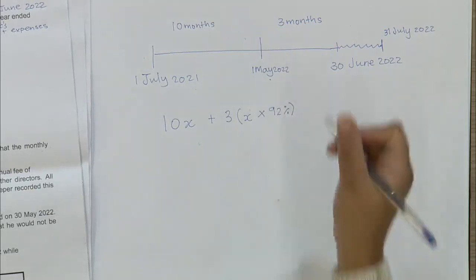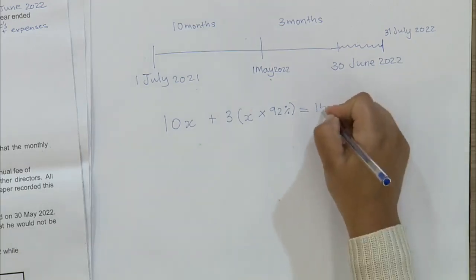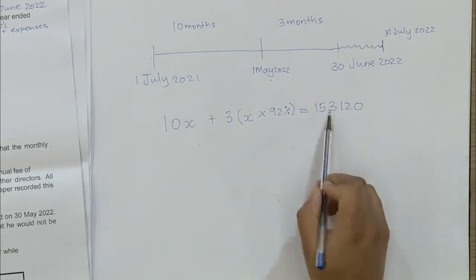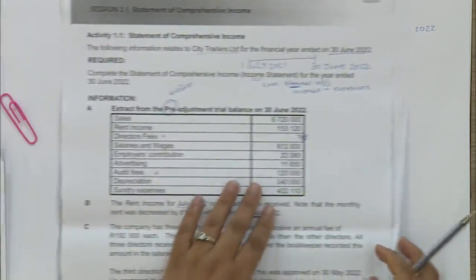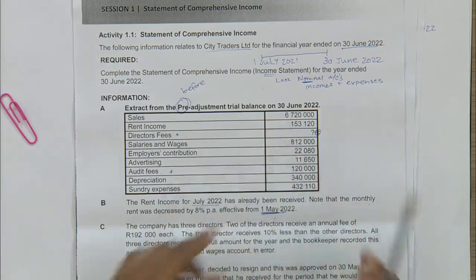X times 92%. That is going to be equal to 153,120. Where did I get this? I got it from my pre-adjustment amount. Remember, we are going to try to adjust that amount accordingly.